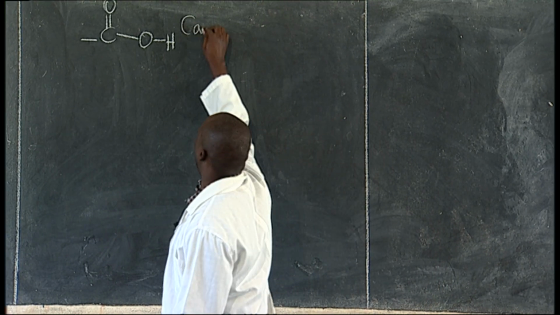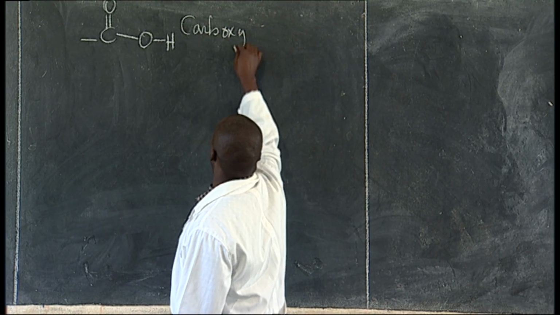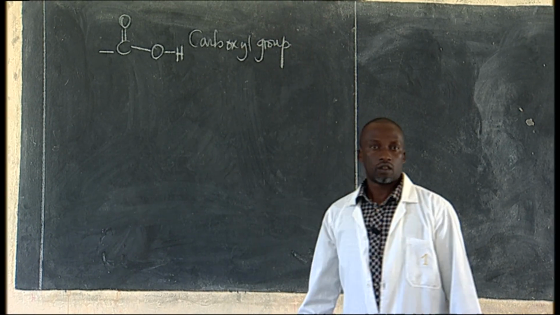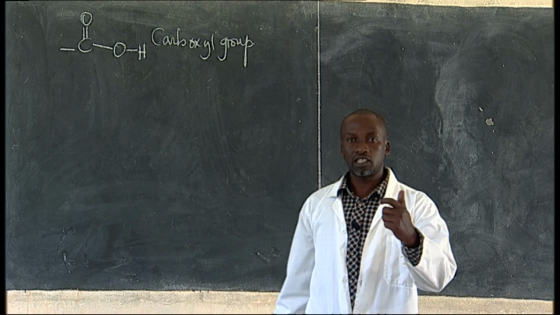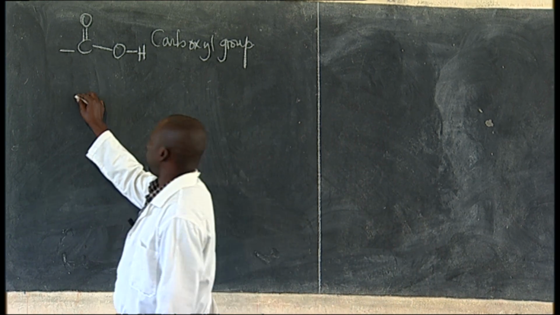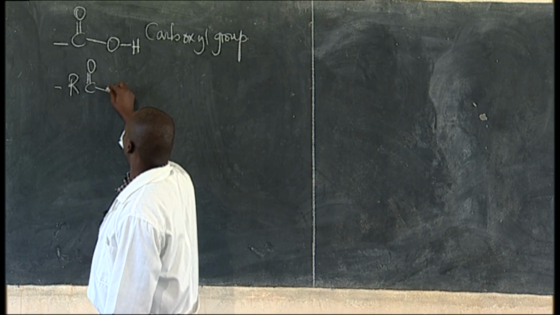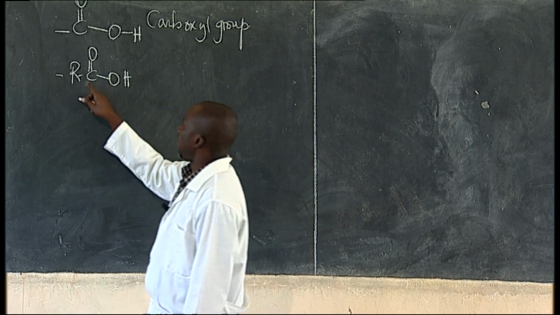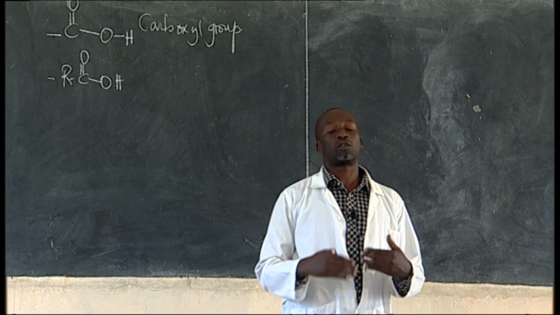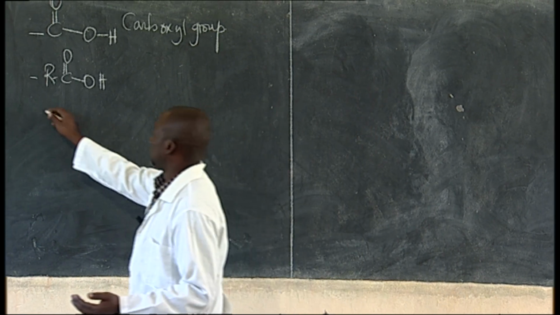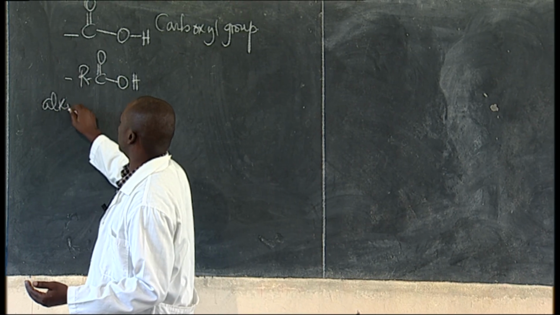This is the carboxyl group, whereby, in some cases, it can be written in this form, where this R may represent an alkyl group.